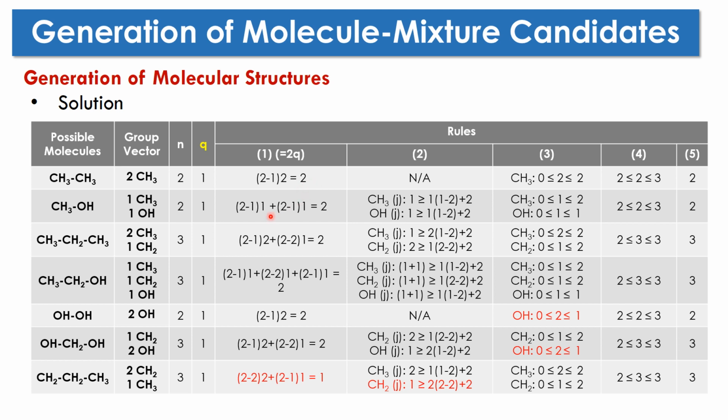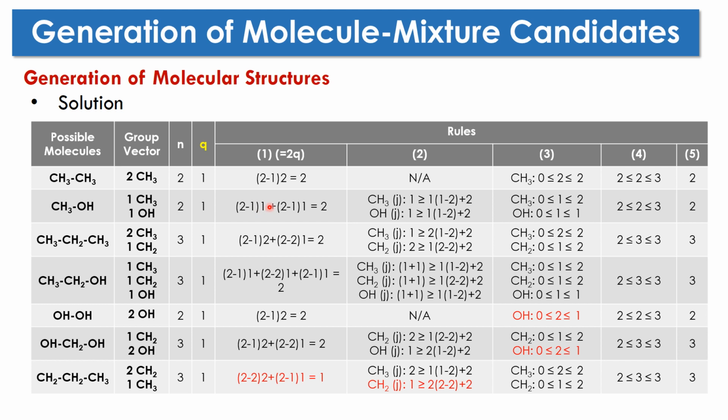For the second one, CH3OH, there are two groups, right? So the first part is for CH3. Okay, 2 minus 1 valence for CH3 multiplied with 1. There's only one CH3 in this compound, right?